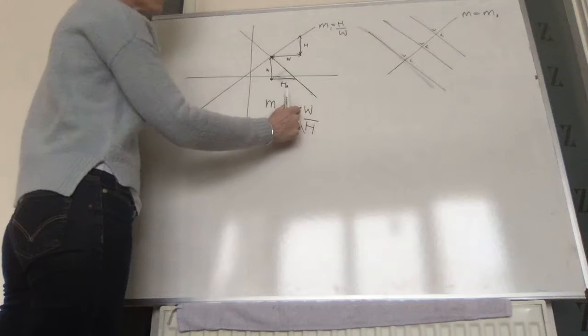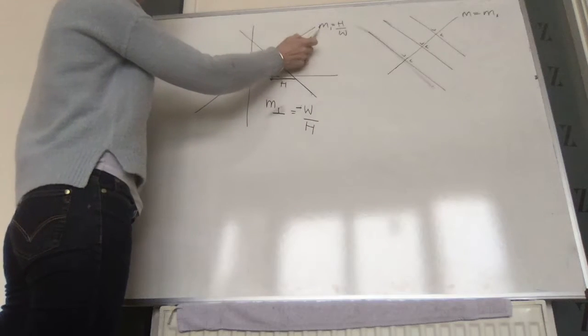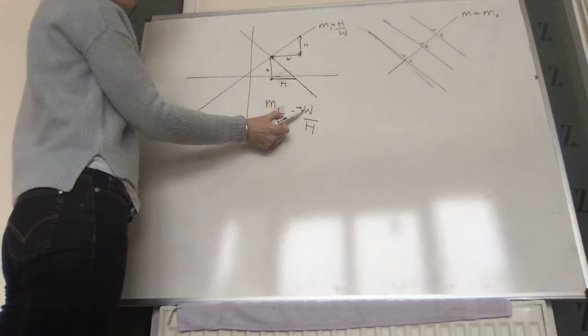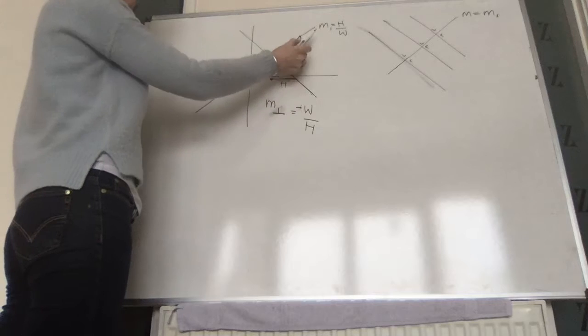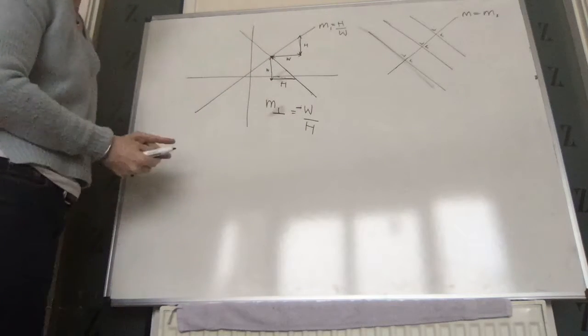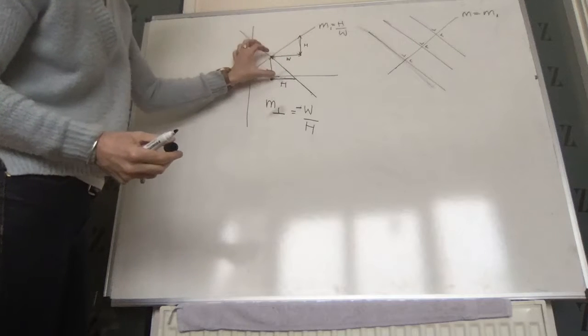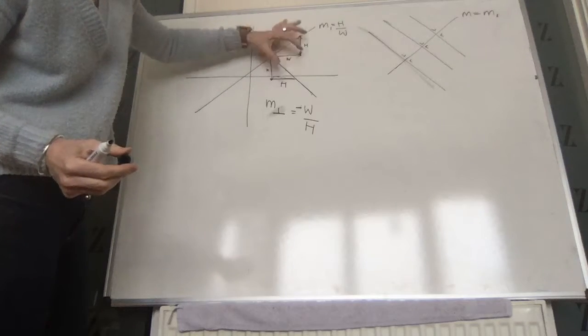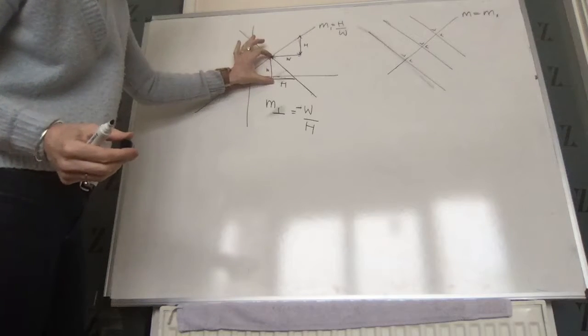First of all, the rise divided by the run for the first slope: the rise has now turned into the run, and the run has turned into the rise for the line that's perpendicular. Because when you shift it this way, what was the rise has now become the run, and what was the run has now become the rise.